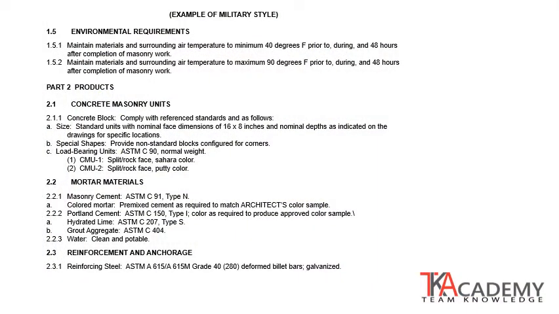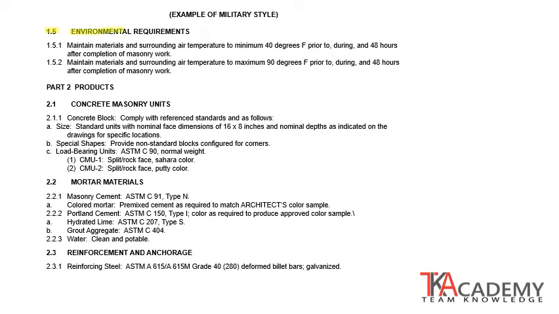This is an example of a military style specification where every part, paragraph, subparagraph, and sentence is numbered. Each subsequent number indicates another level of detail within the specification. So, for example, at the top here we have 1.5. 1 indicates part 1, 5 indicates the 5th paragraph of that part.